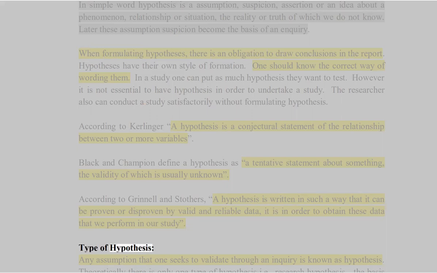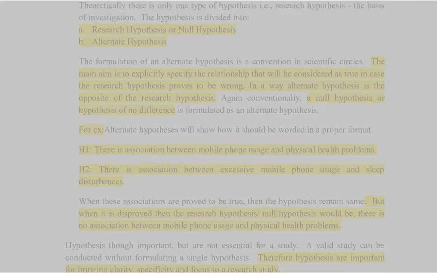Types of hypothesis: any assumption that one seeks to validate through an inquiry is known as a hypothesis. Theoretically, there is only one type of hypothesis, i.e., the research hypothesis, the basis of investigation. The hypothesis is divided into A. Research hypothesis, and B. Alternate hypothesis. The formulation of an alternate hypothesis is a convention in scientific circles.